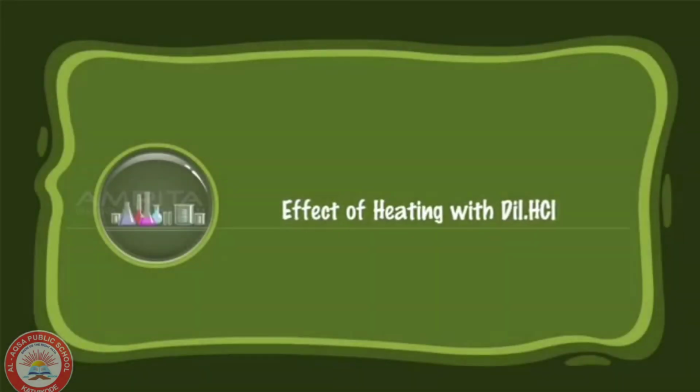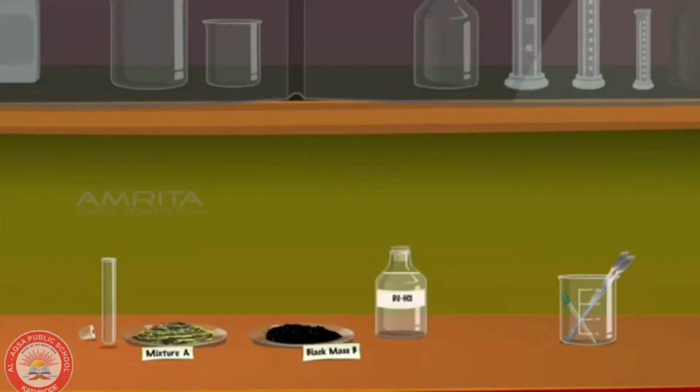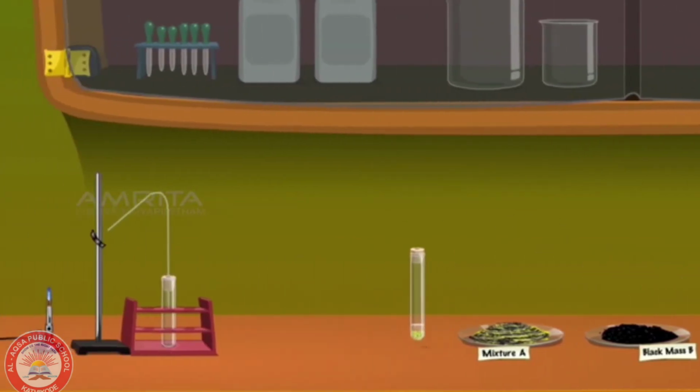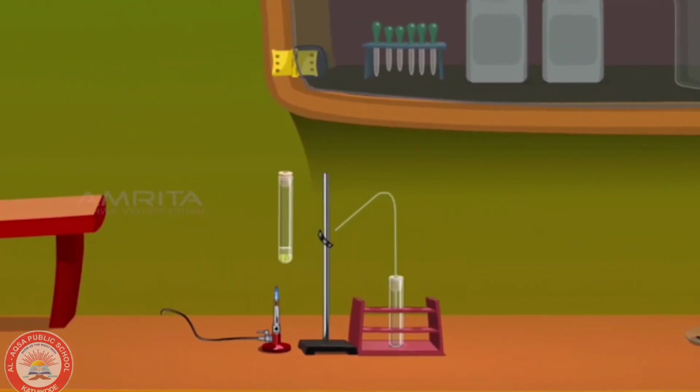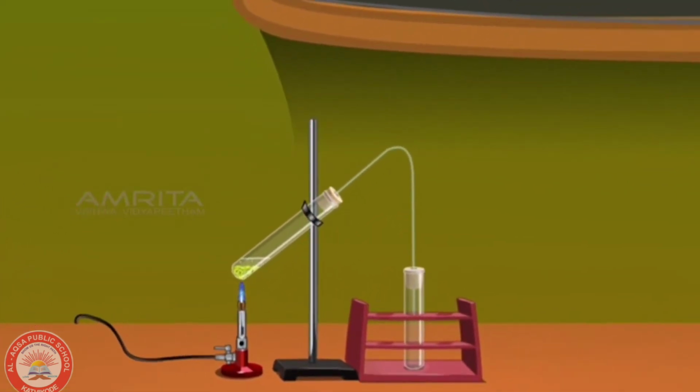And the next one, effect of heating with dilute HCl. Here we take some amount of mixture A in a test tube, and we add dilute HCl. After that, we connect this to another test tube by a bending tube, and then we heat it.